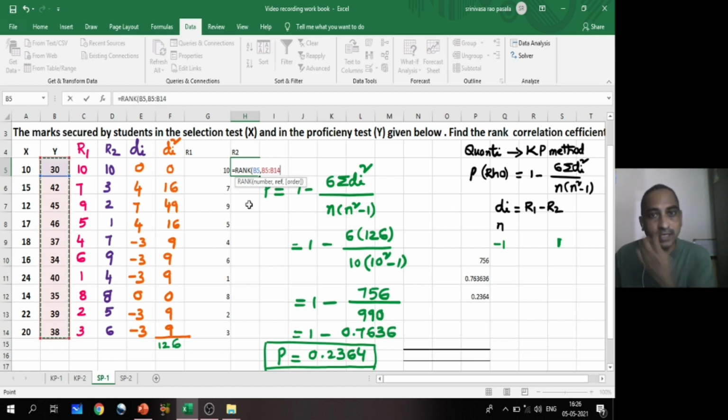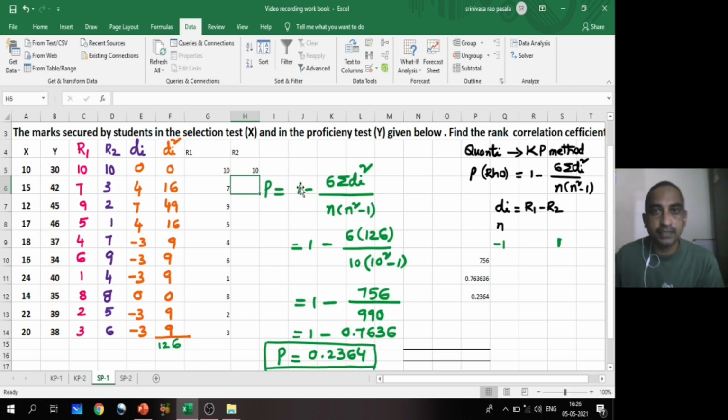Don't forget, you must fix the cell name, so I put the $ sign, right? And the next one, order, is the same, that is 0, descending order. Press enter, right? Now you can drag it, right? So observe 6, 5, 8, 4, 9, 7, 1, 2, 3, 10, right? So the manually given ranks are equal to what you obtain from Excel. The remaining procedure is common.